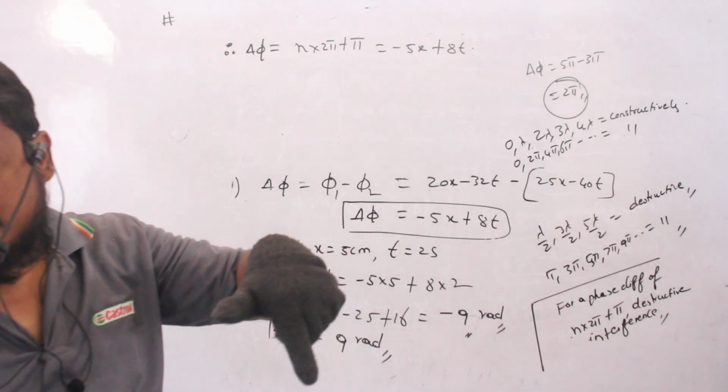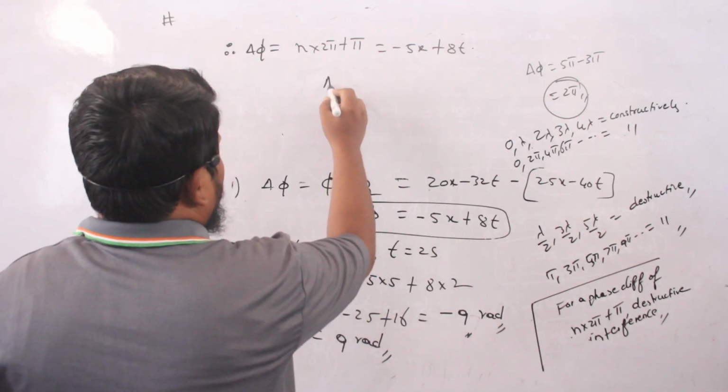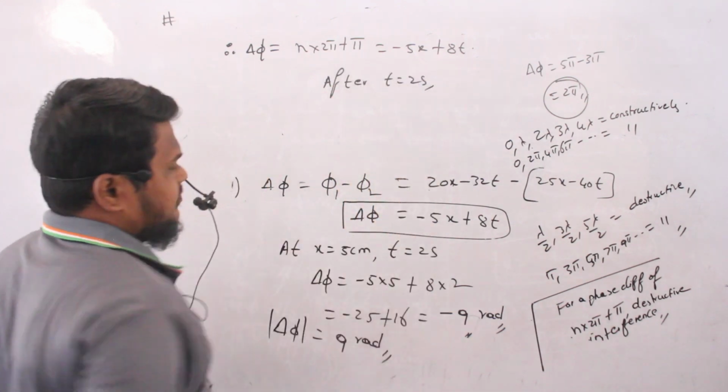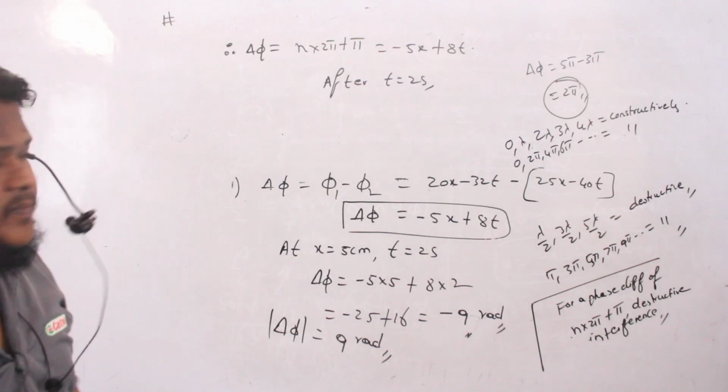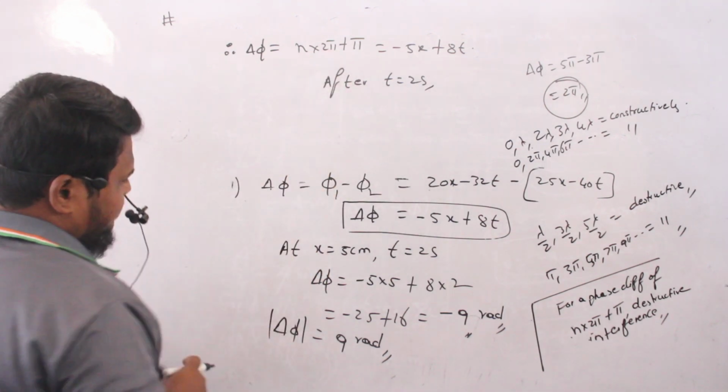Clear? Because the waves are traveling continuously, no? So at different points waves should have interfered constructively and destructively. So therefore after a time of 2 seconds, let us see this calculation here.